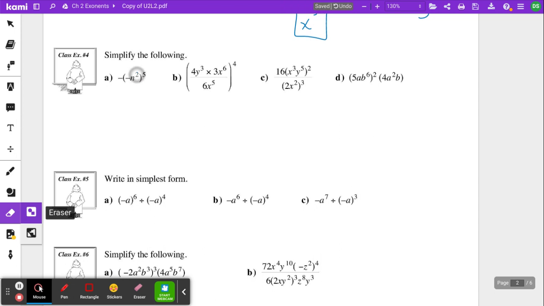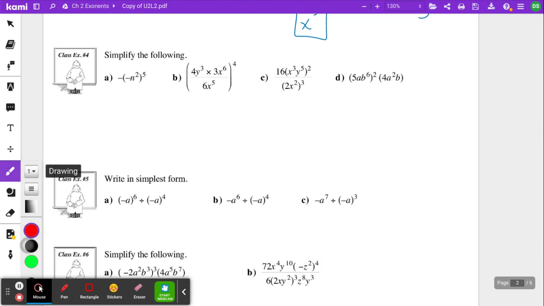Does the 5 affect a negative sign? The inside or the outside or both? Which one does the 5 affect? The inside. Okay. So let's just copy this guy down. Just write him down, because nothing is affecting him. You tell me that nothing affects him. And now let's apply this outside 5 to this negative sign.